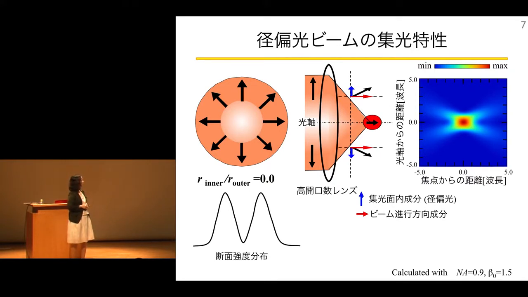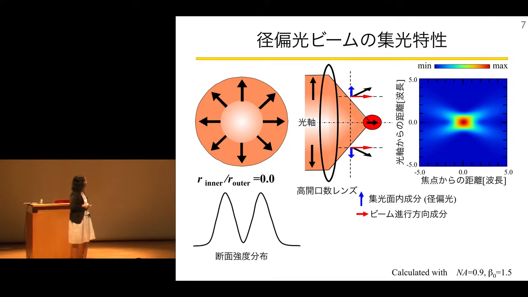By using a lens with high aperture, when the light is collected with this kind of lens, the polarization will go this way. So let's apply the resolution of vector. This is the radial component, and this is the longitudinal component. Near the focal point, they converge with each other.